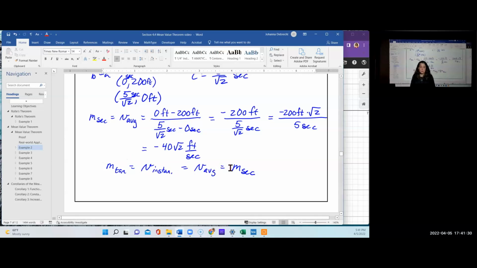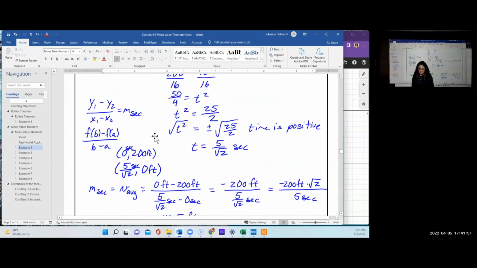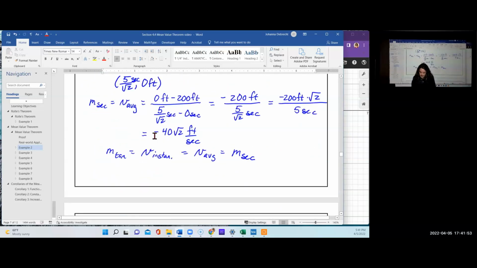To find that, we need to find the derivative. If we're going to find the derivative of our function, looking back at the original, we have negative 16t squared plus 200. When we take the derivative, you apply the power rule to bring the 2 to the front, and you get negative 32t. That first derivative represents the velocity.